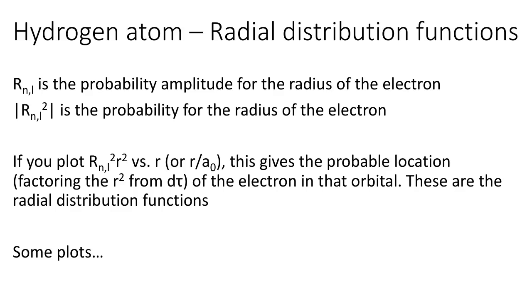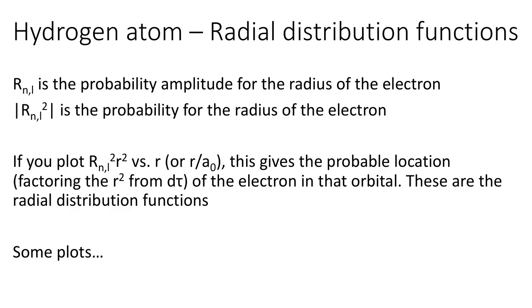That's basically R squared, the wave function squared, so our probability, times our volume element, r squared from the d tau. If we plot that, that gives our probable location of an electron in that particular orbital, and that's probably the most useful for chemistry.